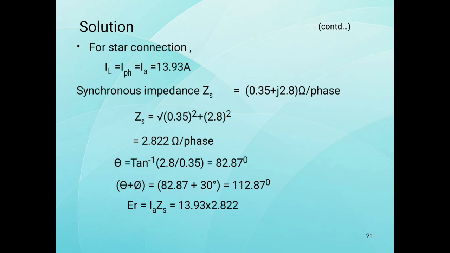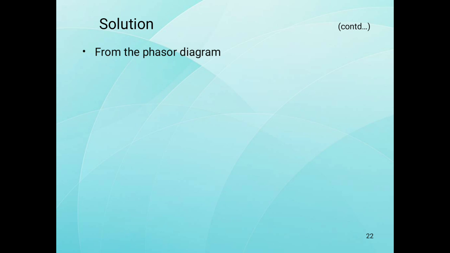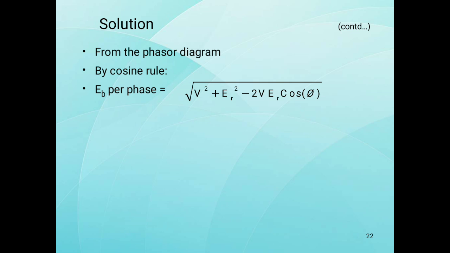Now next, resultant voltage ER is equal to IA into ZS, that is equal to 13.93 into 2.822, that is equal to 39.31 volts. Here from the phasor diagram, by cosine rule, EB for phase is equal to under root of V square plus ER square minus 2 V ER cos phi.